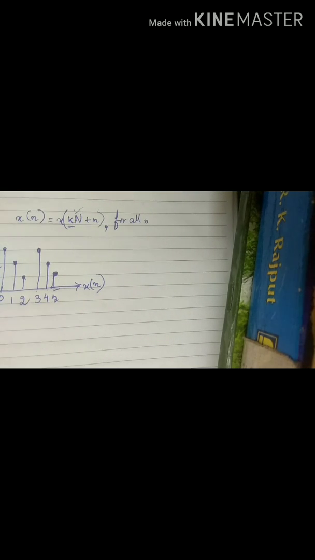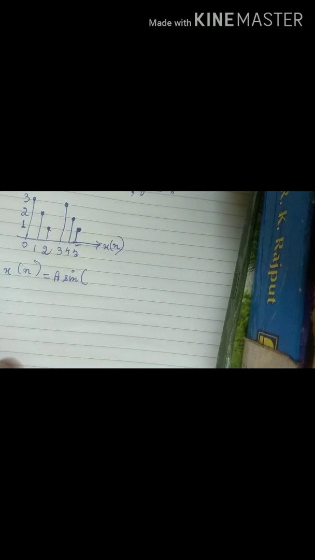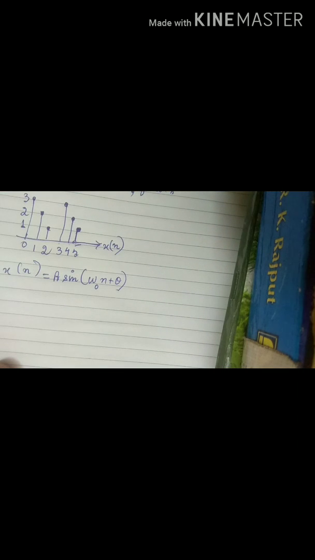Now, let us consider a discrete time signal given by x(n) = A sin(omega naught n + theta).